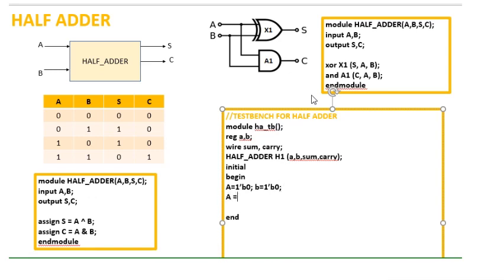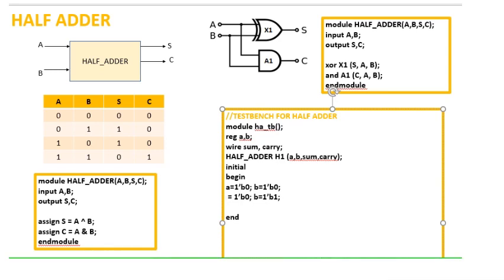Next, a equal to 0 and b equal to 1. Before that, there is no time required to be specified, because it will start from 0 time units.